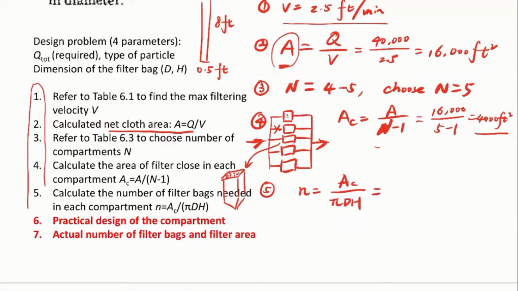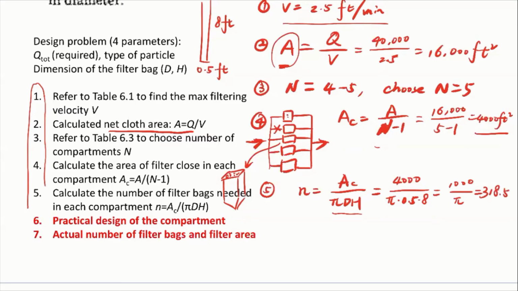Ac is the required cloth area in this compartment, and then pi d h is the area of the filter bag, right? So if you plug in the values for 1,000, d is 0.5 feet, h is 8 feet. So that's basically 1,000 divided by pi times 0.5 times 8, which is 318.5.